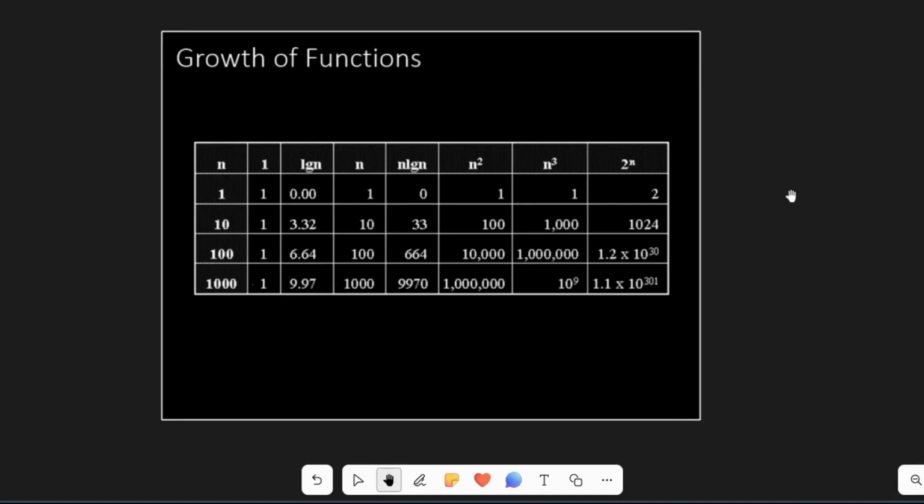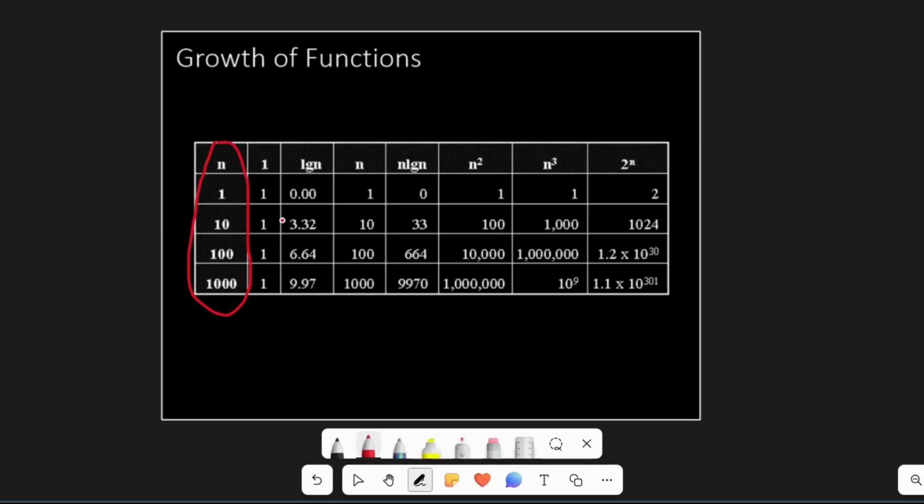You can see in the table, this is our number of inputs, then this is the time complexity, this is order of 1. Order of 1 means constant time, this does not depend on the number of inputs. Log n, this is order of log n. So these are all the time complexities and how their time increases with input size.